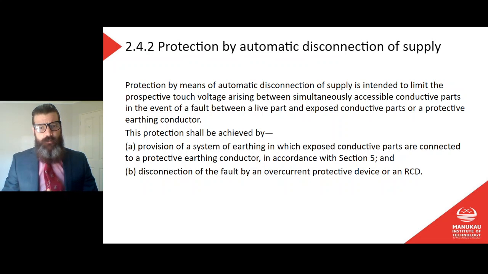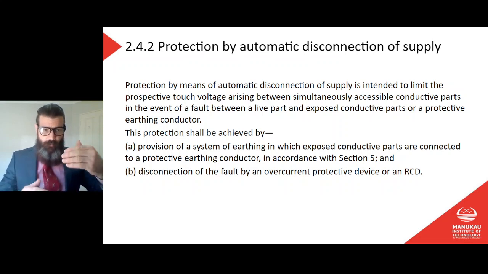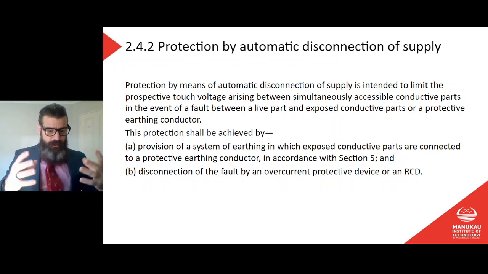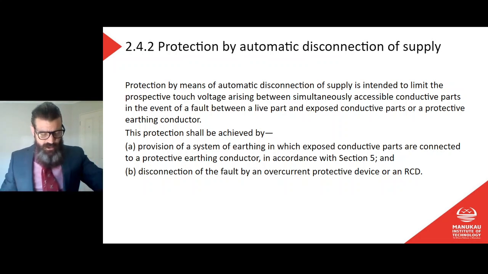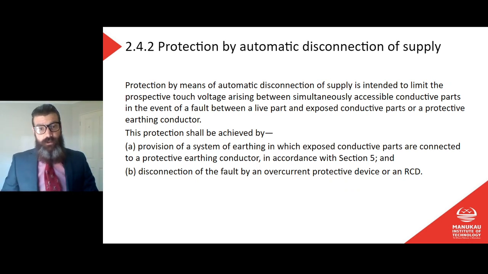If there's a phase to earth fault, as in the phase wire comes off and it's touching the earth, the metal body of my appliance, well then if I go and touch that, I get a shock. The current will flow through the phase into the body of the appliance, and then I touch it, and then the current is going to flow through me back to earth. I complete the circuit and I might die, or at the very least I get a nasty electric shock, and that's not much fun.